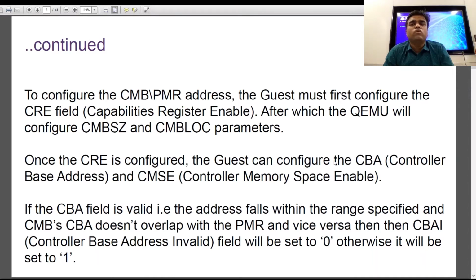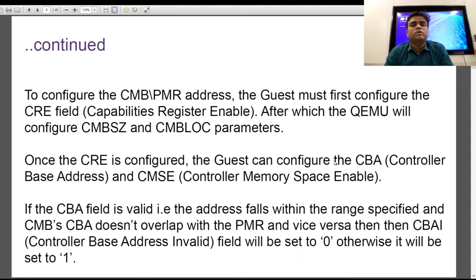By default, when the driver is loaded, these parameters, CMBSZ and CMBLOC, are set to 0. So if the guest driver needs to know what the CMBSZ and CMBLOC parameters are, it writes the CRE field as part of CMBMSC, and once it is written, QEMU will populate these two values, that is CMBSZ and CMBLOC.